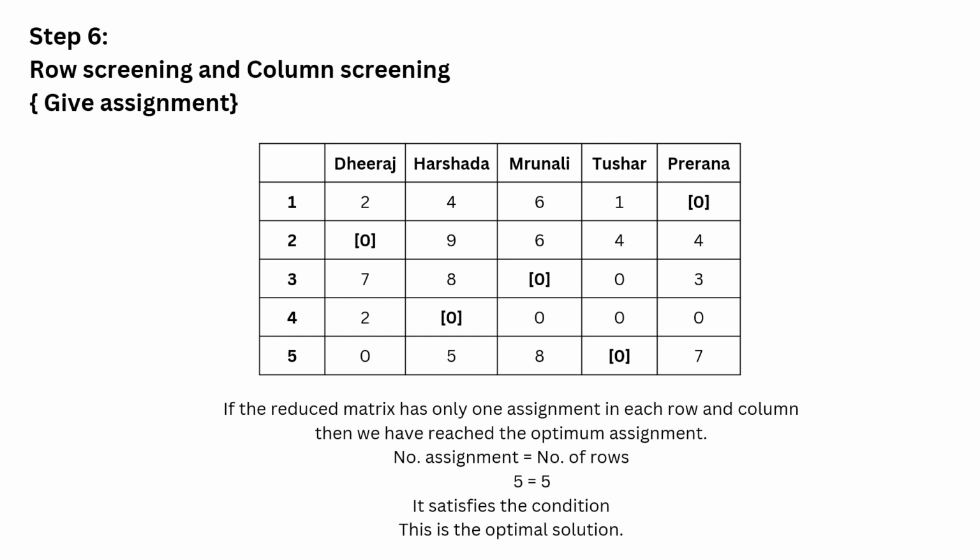Observe the column, as in this column already the assignment is given. So move to the next column. In second column we can observe at the fourth row we can see the assignment. Mark this 0 as the assignment in the second column. Go in a third column.